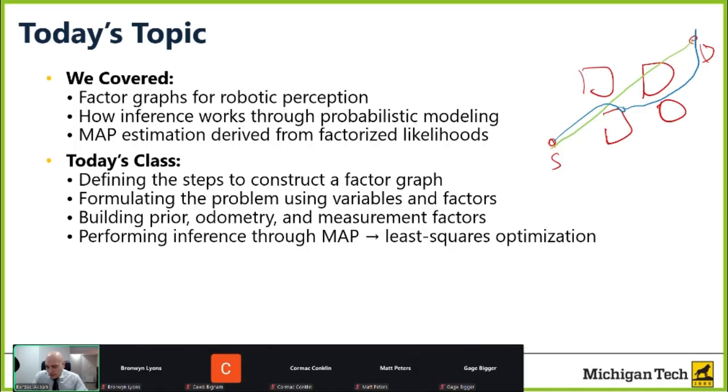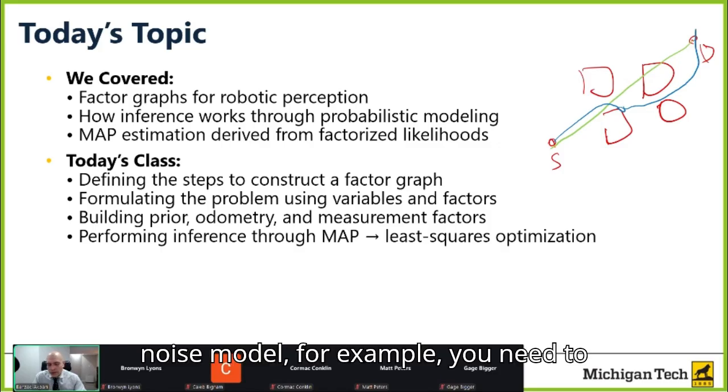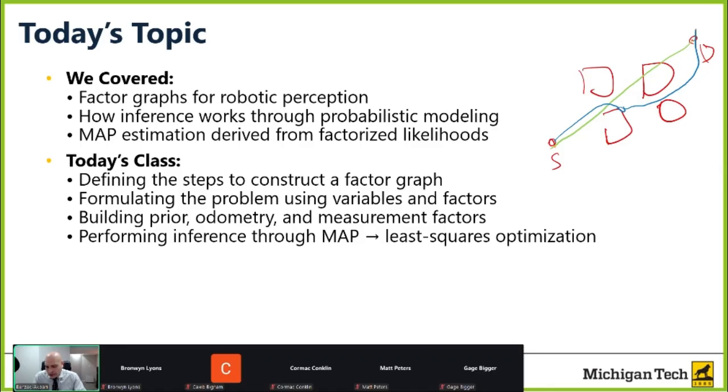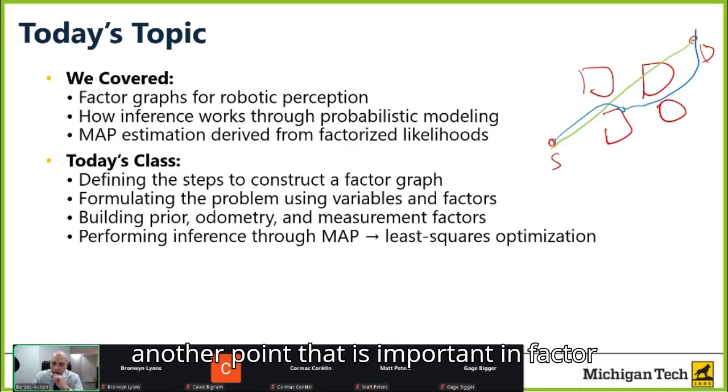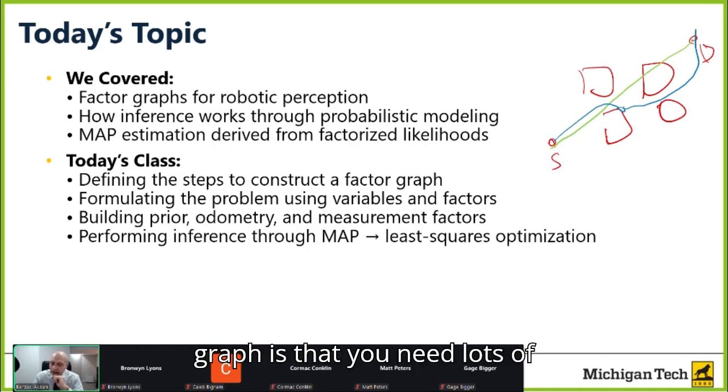It also requires some information. For example, you need to know some probability, you need to know the noise model. And another important point in factor graphs is that you need lots of memory.